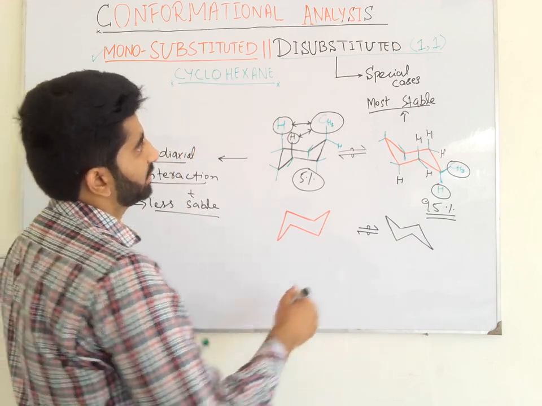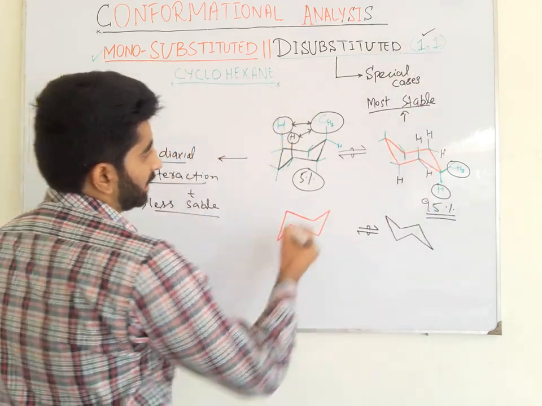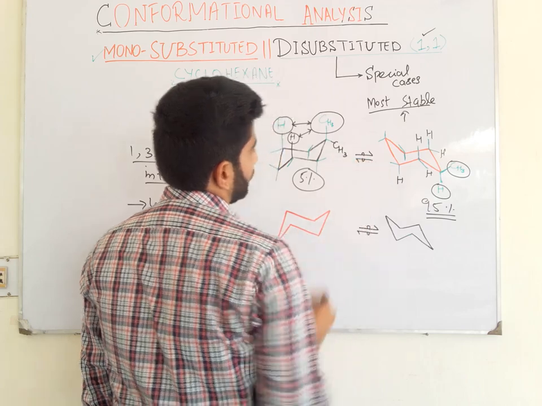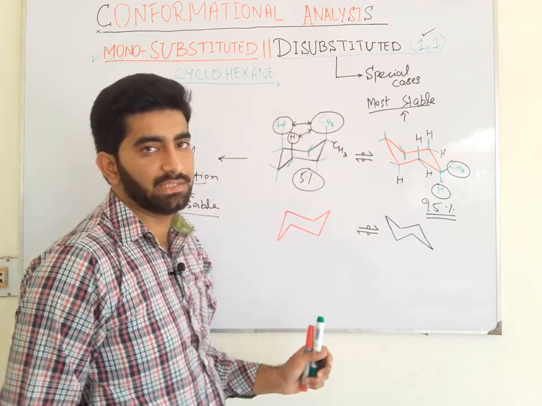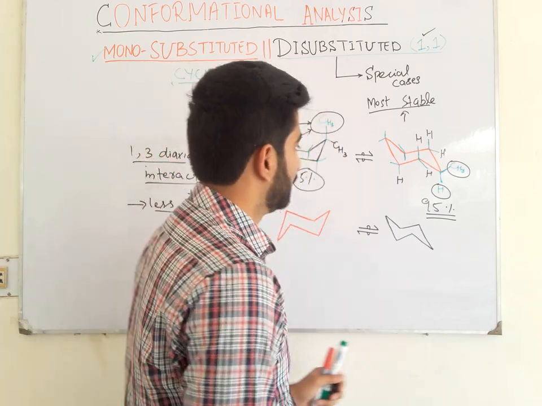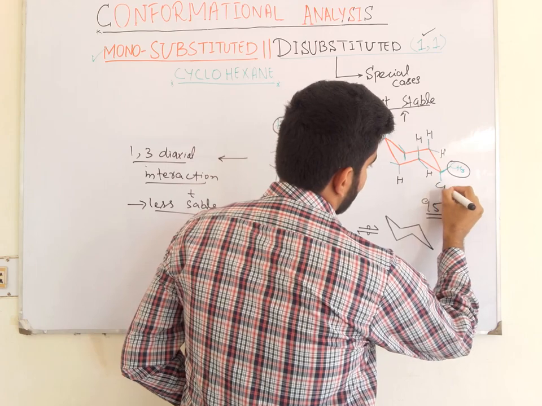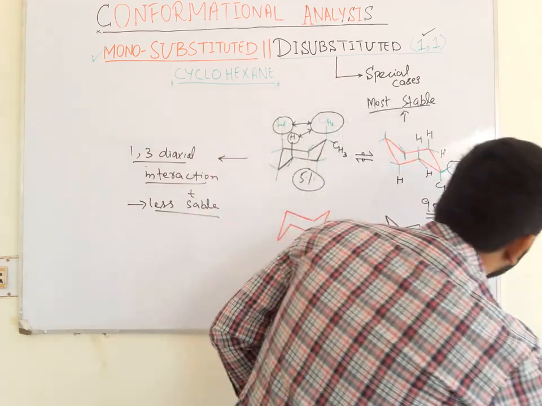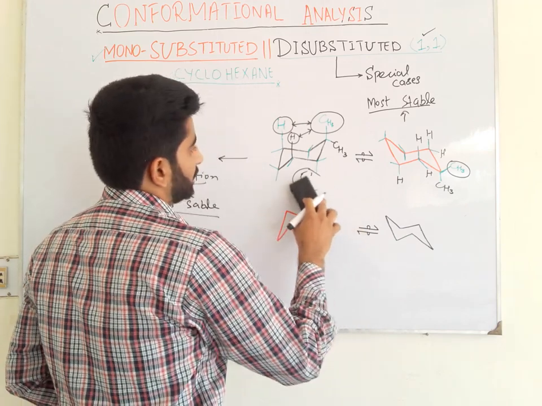Now we are going to discuss the 1,1-disubstituted system of cyclohexane. Here there is a methyl group instead of hydrogen, so this is 1,1-dimethyl cyclohexane.